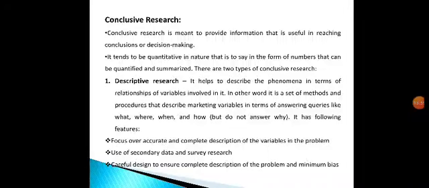The next is, this type of research needs formal design to cover all phases and to forestall collection of unnecessary data. The formal design generally includes precise statement of problem, statement of definite purpose, specific method of data collection and analysis, etc. One important feature of descriptive research is that it uses careful design to ensure complete description of the problem and minimum bias.